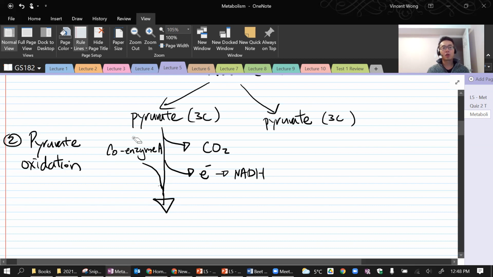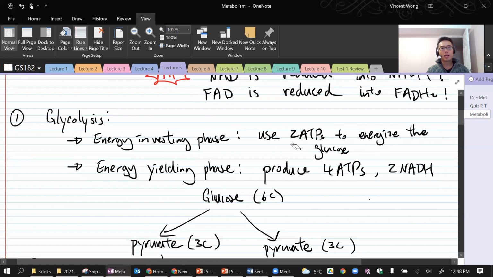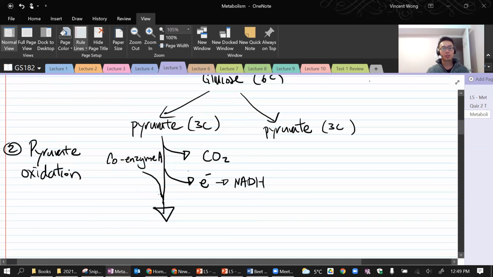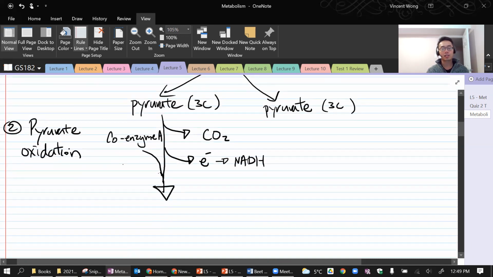The purpose of the coenzyme A is the exact same purpose as the 2 ATPs that we had in the energy investing phase. The 2 ATP is to energize the glucose, so it's going to react. Similarly, the coenzyme A is going to energize. It's going to create a special unstable bond with the pyruvate so that it is going to be ready to react.